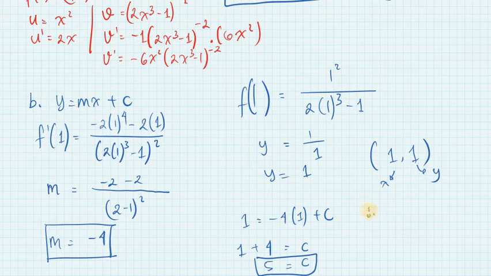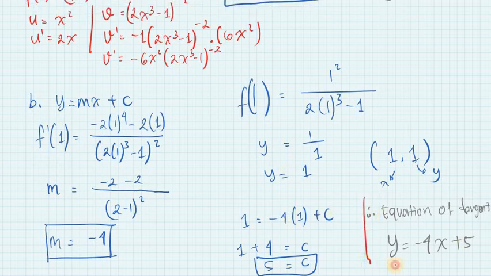So the equation of the tangent is y equals mx, negative 4x plus 5. I think we can show this in the end later using GeoGebra. Okay, sorry. Yep, the equation of the tangent is y equals negative 4x plus 5.